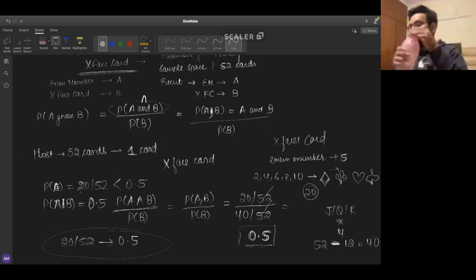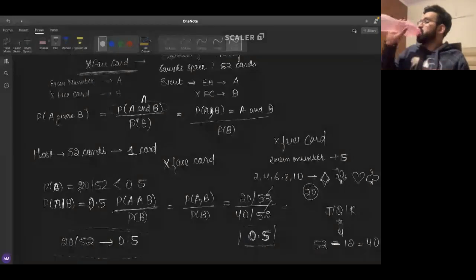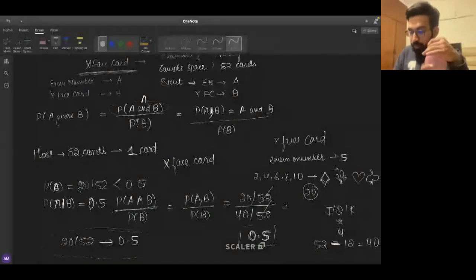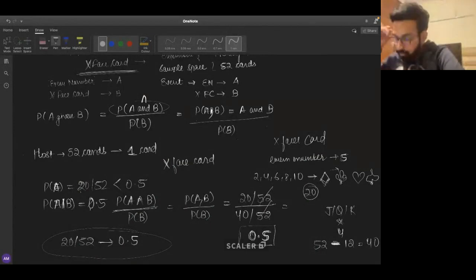Okay, so in the numerator you are saying probability of A and B, right? So 20 by 52, isn't that just the probability of getting an even number? How is that the probability of A and B?